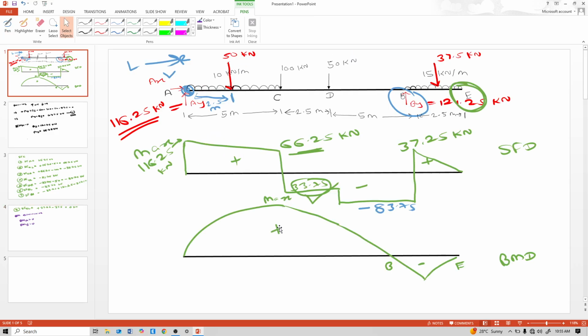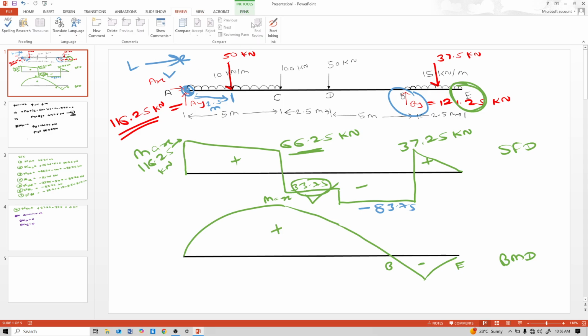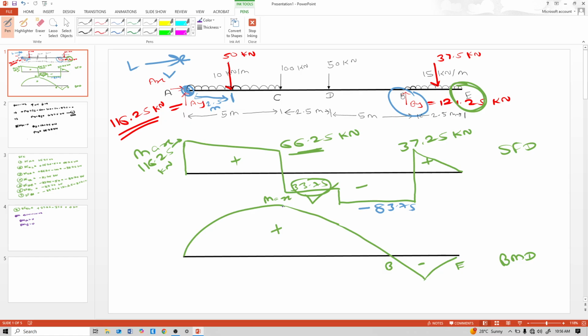Now our work is to calculate the maximum bending moment, and where it occurs. Maximum bending moment occurs at the point where shear force is 0, and here shear force is 0 at a distance x from point A, because we don't know the exact number of that x. So for that, consider this beam.